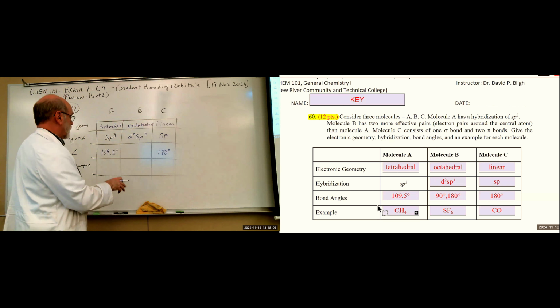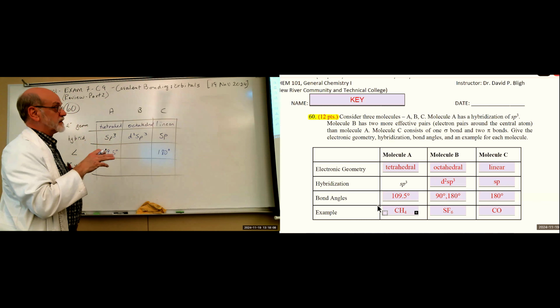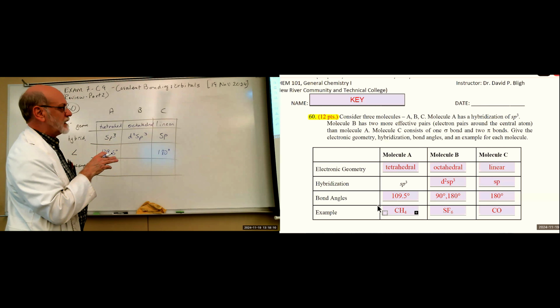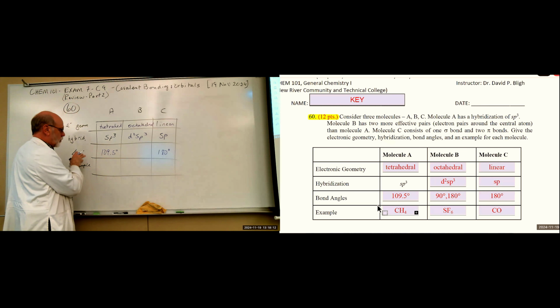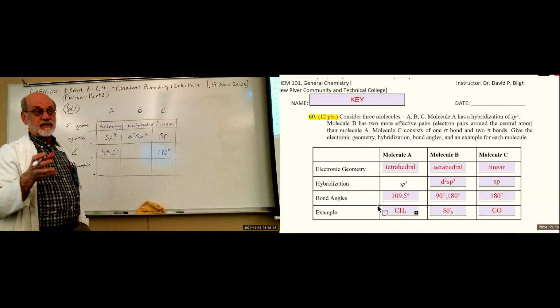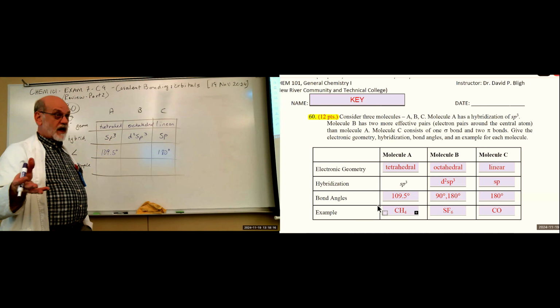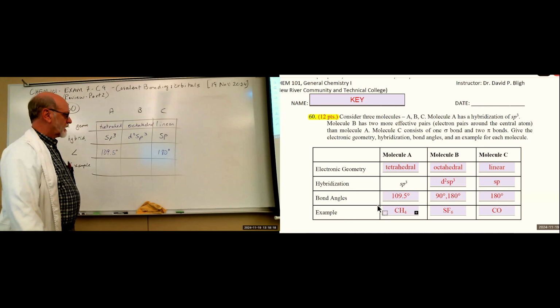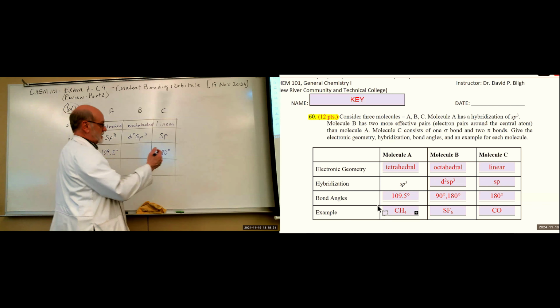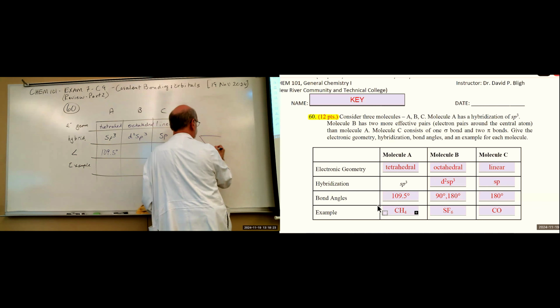Now, the bond angles for the octahedral depend on whether all those positions are occupied by atoms. If they're not, then you don't have a bond angle. But the possibilities for an octahedral, like you have something in the middle, like that.